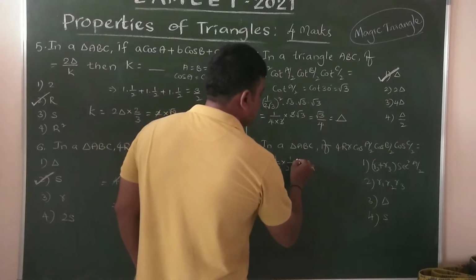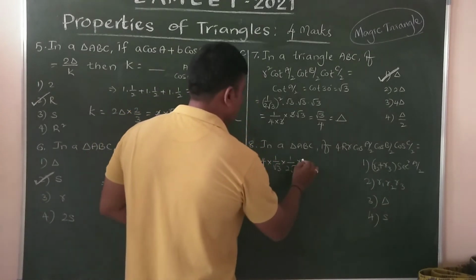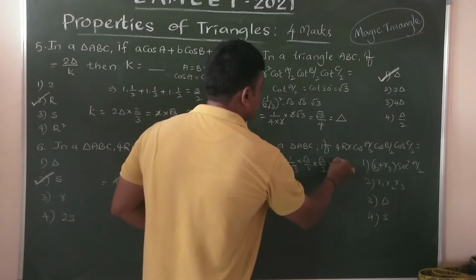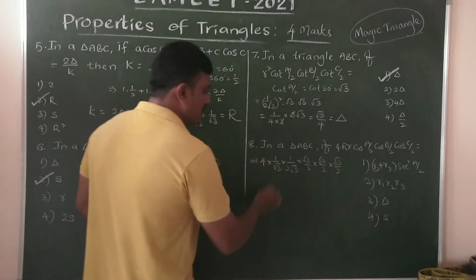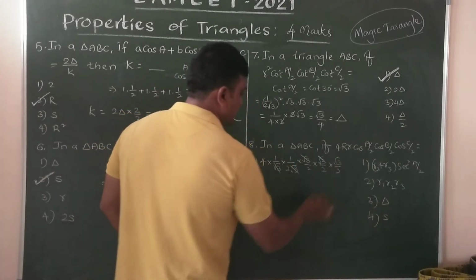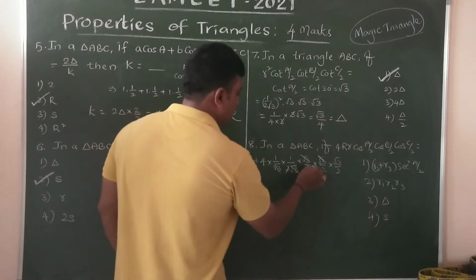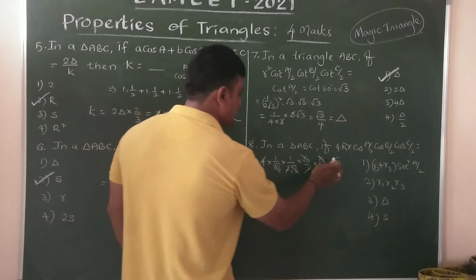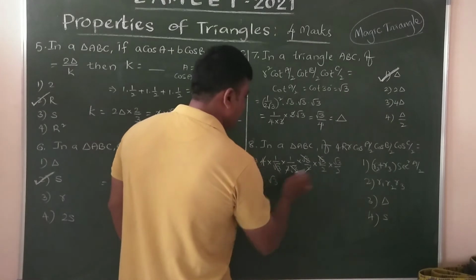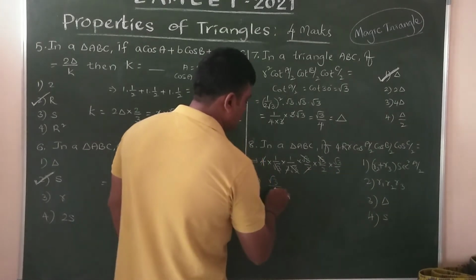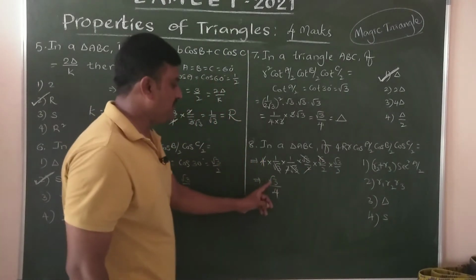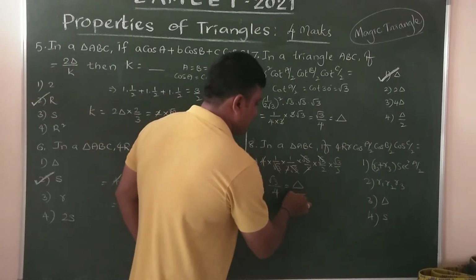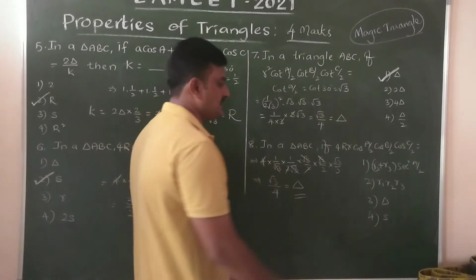Similarly, the remaining are also root 3 by 2. The 3 root 3's cancel, and for 2 2's, 1 4 cancels. Then root 3 by 4 is nothing but delta. Our option is the third one.